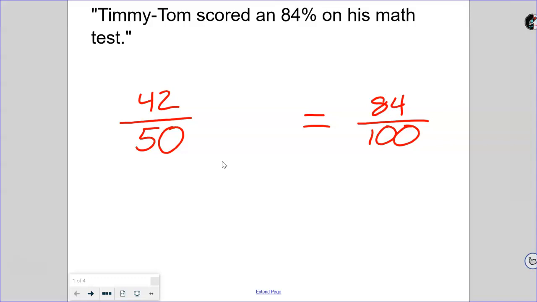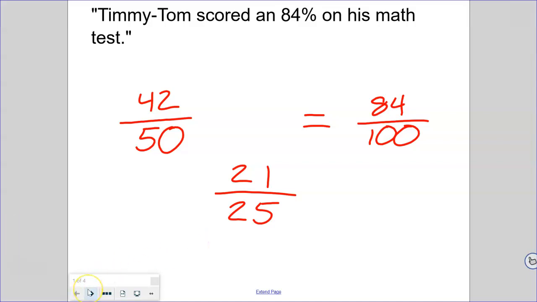And if I take both of those numbers and split them in half, well, then maybe he scored a 21 out of 25. So those are possible scores he got, because both 21 out of 25 and 42 out of 50 are equivalent to 84 out of 100. And 84 out of 100 is essentially what 84% means. So we are thinking about fractions here. And now we're going to take a look at a problem.